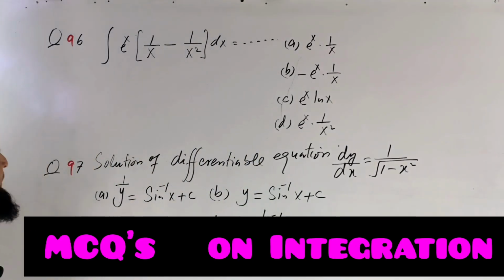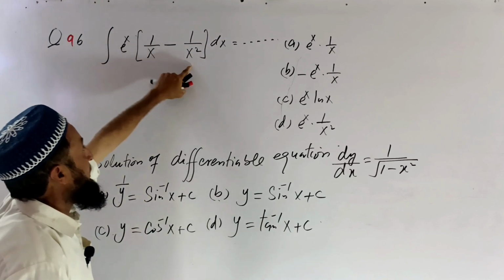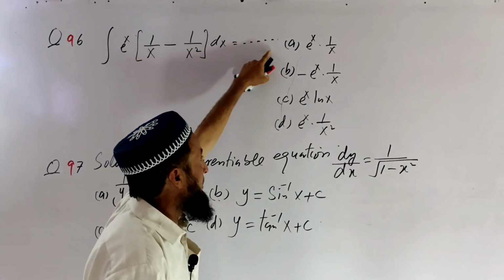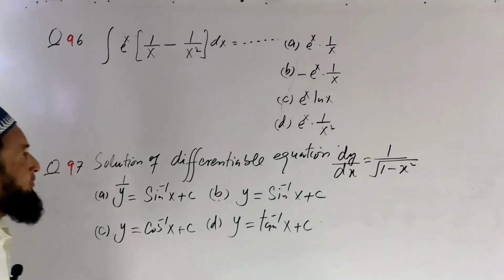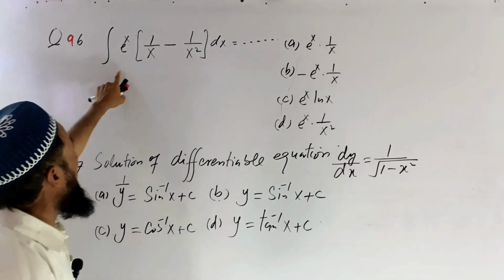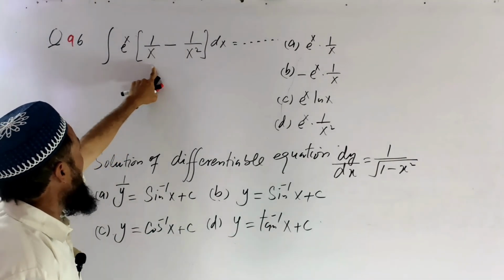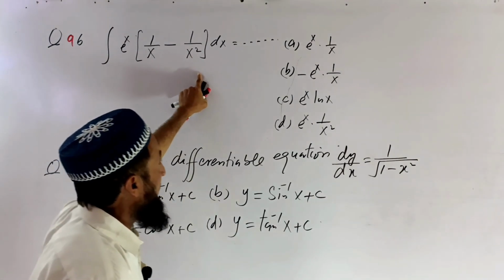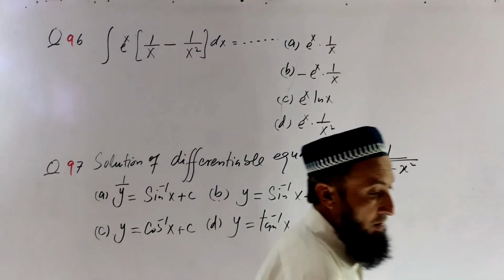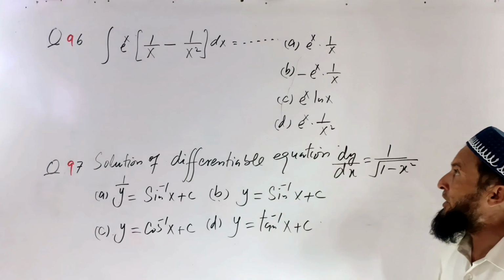Integration of e power x into 1 by x minus 1 by x square dx. These are the options. We go according to the derivative; the reverse process of the derivative is called integration.